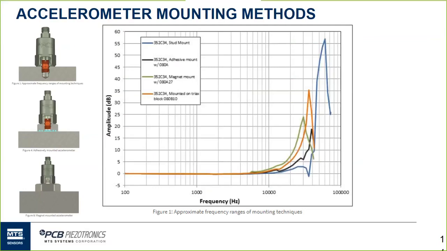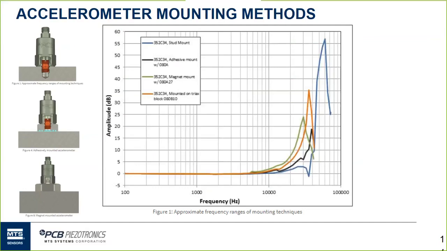Then adhesive mount, very conveniently used because you're not required to modify the object you're mounting the sensor on. That way you don't damage it. Those adhesives are very commonly used, applied by the sensor manufacturer, and easy to apply. Many sensors are adhesive mounted directly, or you can take stud mounted accelerometers and adhesively mount them through a mounting pad, which in many cases is a supplied accessory.